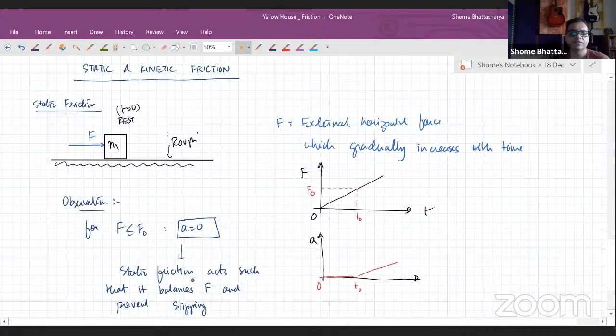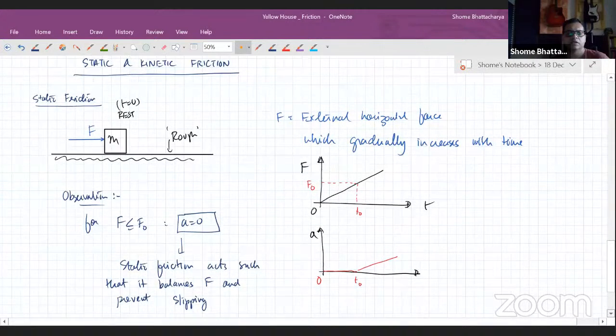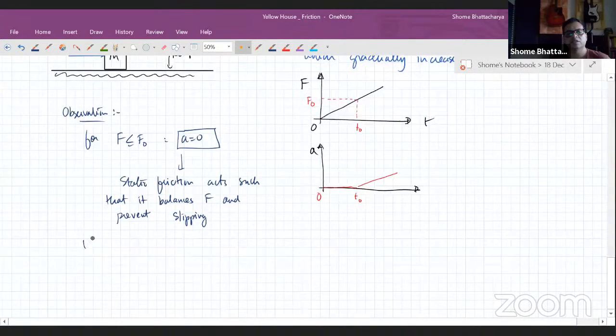Okay, so that means static friction is able to counter the external force, or it is able to balance the external force, but only up to a certain limit. Whereas, when the external force becomes greater than f naught, what is happening?